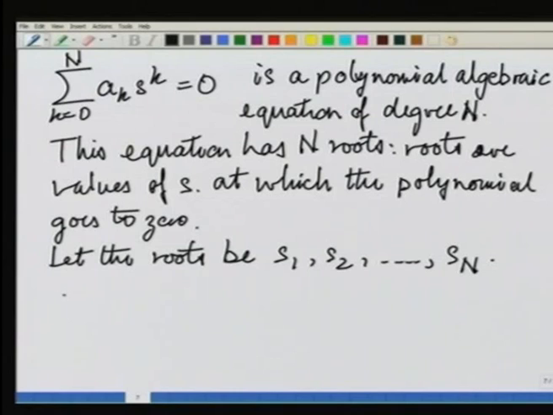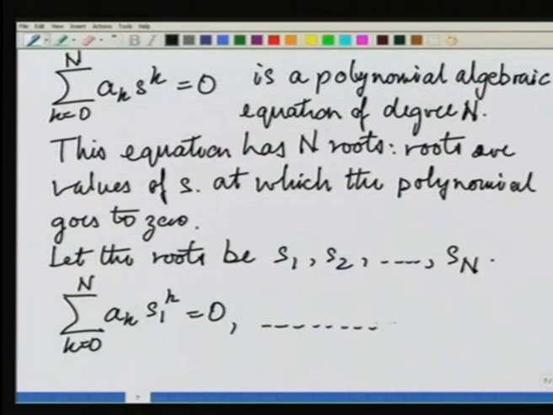We mean, for example, that summation over k equal to 0 to n of a_k S1 to the k is 0, and so on for S2 and other roots, until it is also true that summation over k equals 0 to n of a_k Sn to the k equals 0. So, every one of these is a root for the algebraic homogeneous equation.